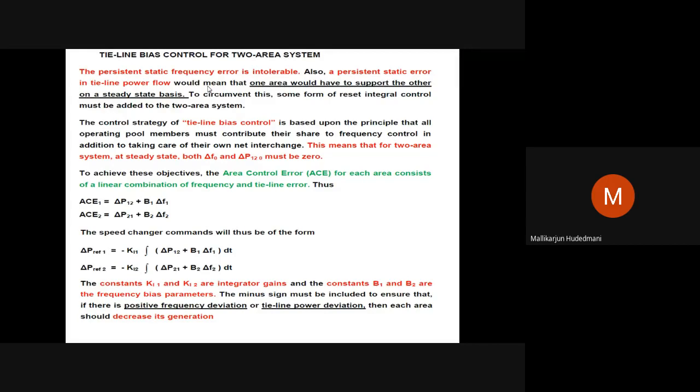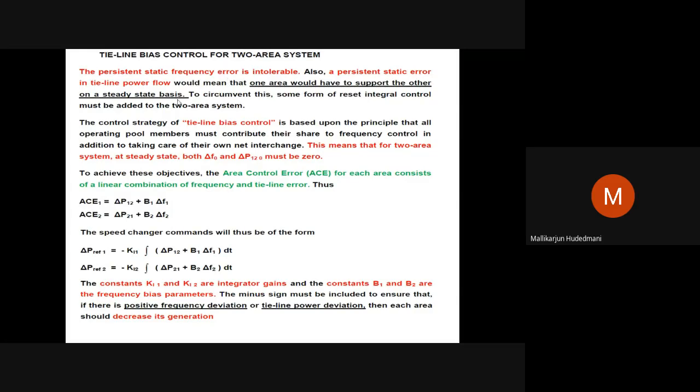That area could experience a fault or disturbance also, so it should be ready to face such actions. On that basis, the static frequency deviations are intolerable, because the system which is delivering power to the needy area also experiences a disturbance when it is delivering the power. That is the meaning of intolerable.